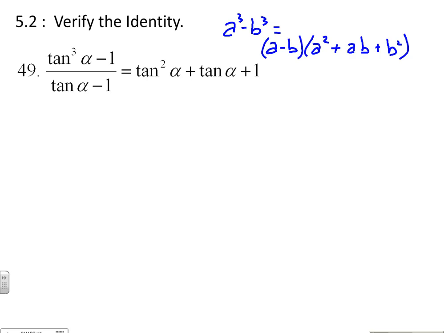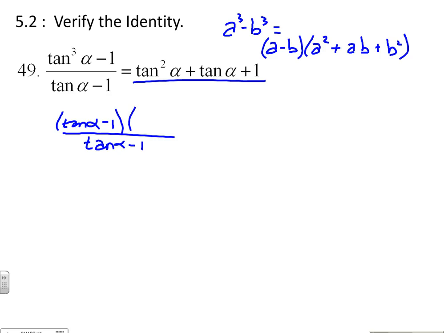Now, let's think about this for a minute. Let's just say we were just kind of experimenting, and we said, well, the denominator tangent of fish minus 1, if I look at my target, I must cancel that denominator somewhere, so I must be able to make a factor of tangent minus 1 in the numerator, and once that's canceled, what's left?